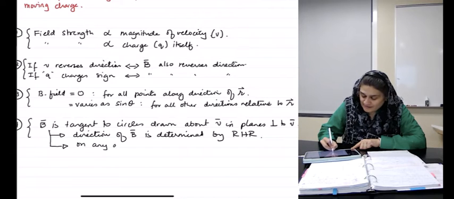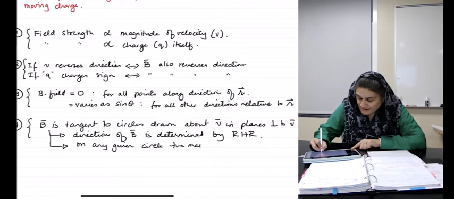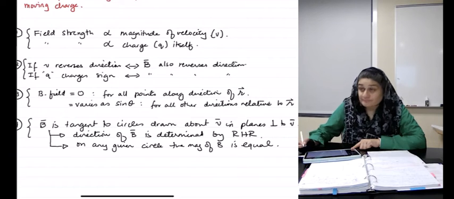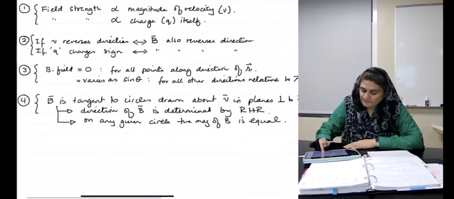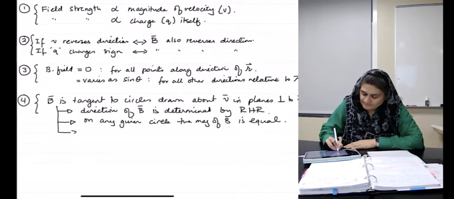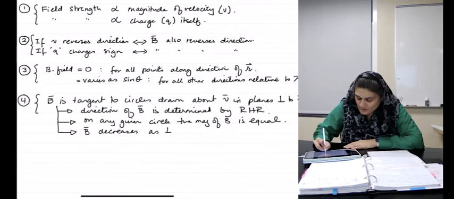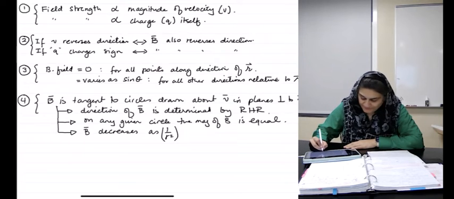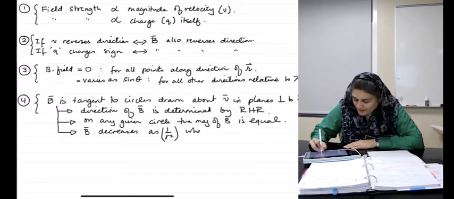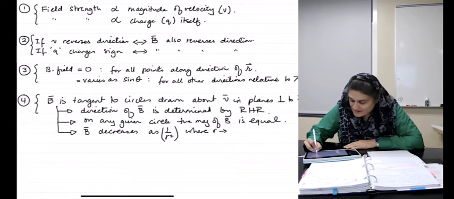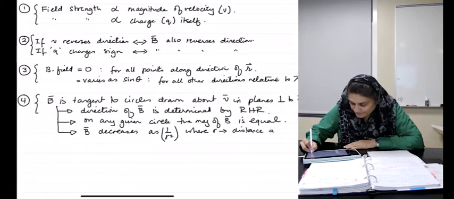On any given circle, the magnitude of B is equal. And B decreases as 1 over R squared, where R is the distance away from Q.